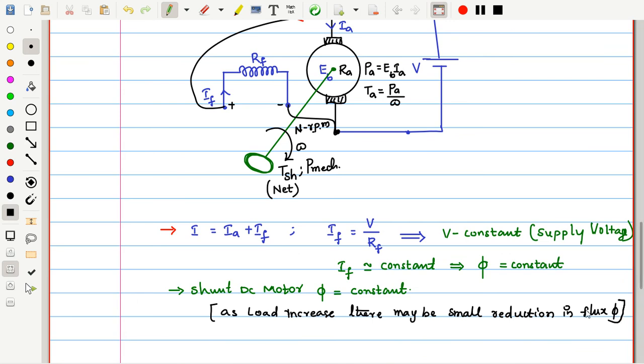This is in practice, but it is a good approximation to consider it constant for most things. Why? Because we may not go beyond the full rated value almost every time. So in practice, one can assume approximately that flux is constant for the DC machine.